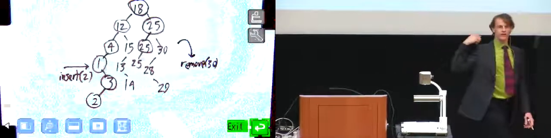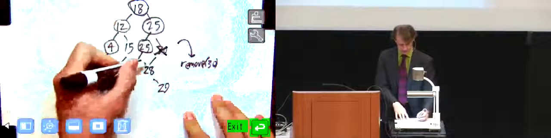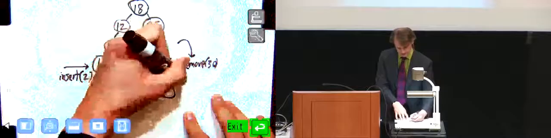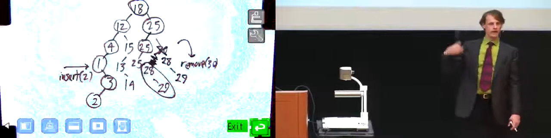Then the 30 only has one child, so it's easy to just cross out the 30 and move this piece of subtree up to take its place. So now you have a 28 here and a 29 here. So again, removing something with just one child is easy.